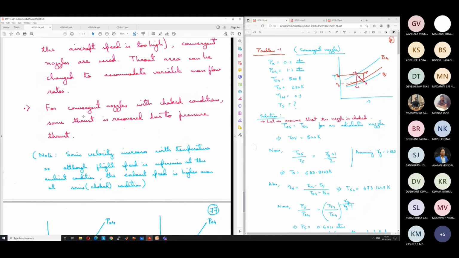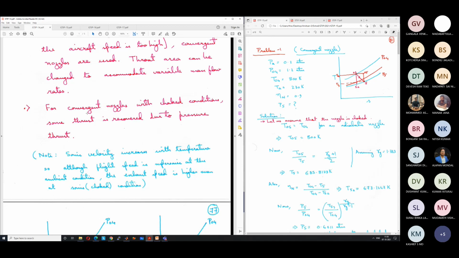For convergent nozzles, the pressure at the outlet of the nozzle is equal to the critical pressure, so it is higher than the ambient pressure. As a result, we are unable to expand the fluid up to the ambient pressure. Always you want to expand the fluid to the lowest pressure if possible, so that you can get maximum velocity out of a nozzle.